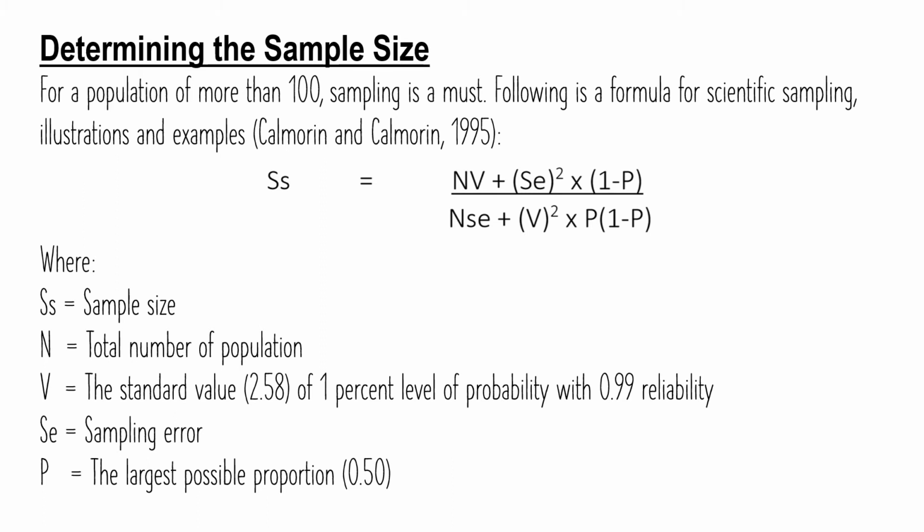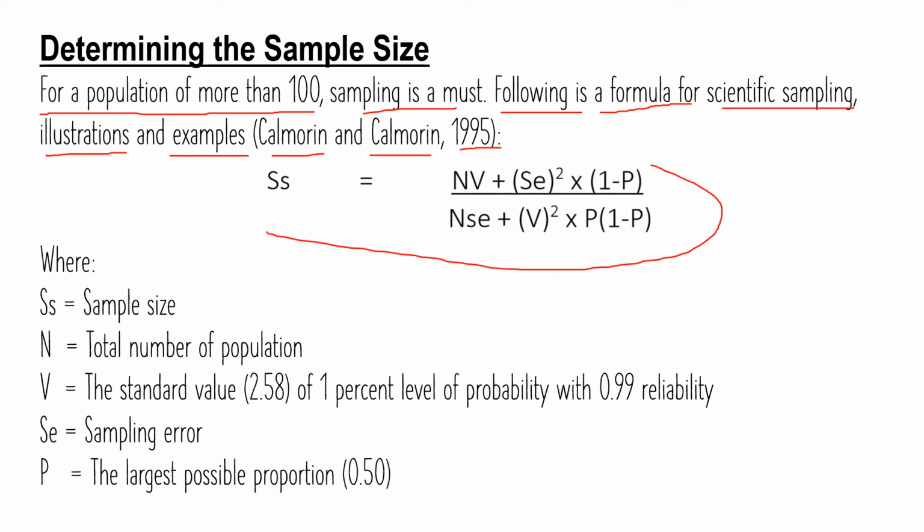In this slide, we're going to determine the sample size. For example, for a population of more than 100, sampling is a must. Following is a formula for scientific sampling, from Calmorin and Calmorin, 1995. Here is the formula in determining the sample size.